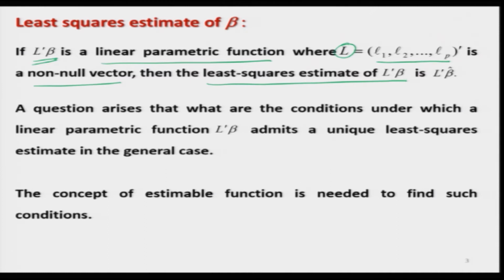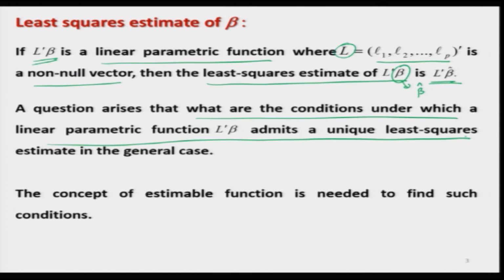In that case we simply replace the unknown beta by beta hat, the least square estimator of beta, and then the estimator of L transpose beta becomes L transpose beta hat.